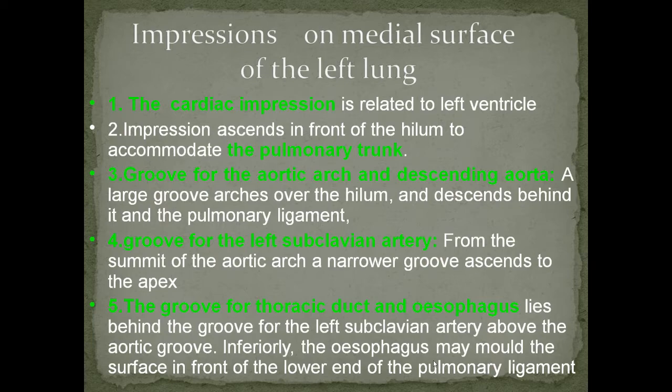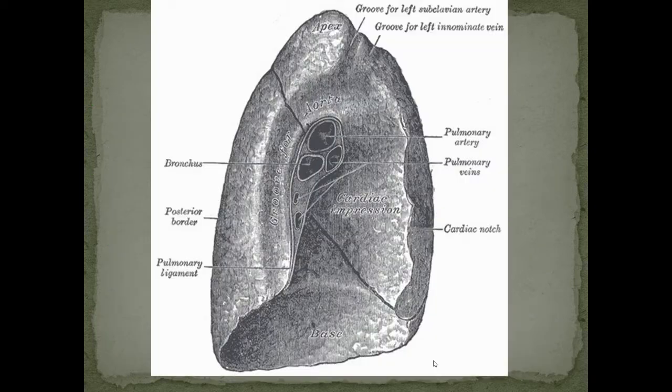A large groove arches over the hilum and descends behind it and the pulmonary ligament. Groove for the left subclavian artery: from the summit of the aortic arch, a narrower groove ascends to the apex. The groove for the thoracic duct and esophagus lies behind the groove for the left subclavian artery above the aortic groove. Inferiorly, the esophagus may mold the surface in front of the lower end of the pulmonary ligament.